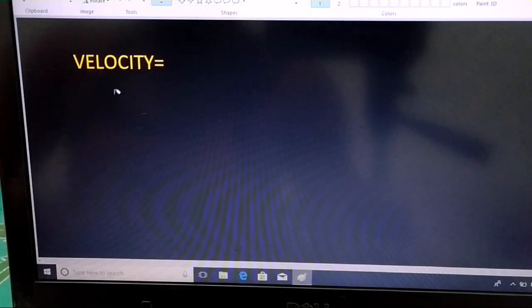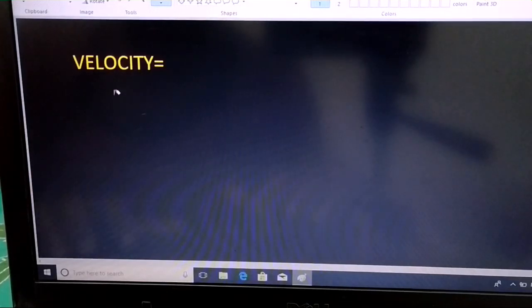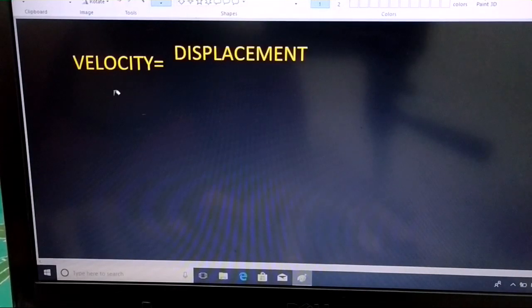Or we can write it as displacement by time taken.